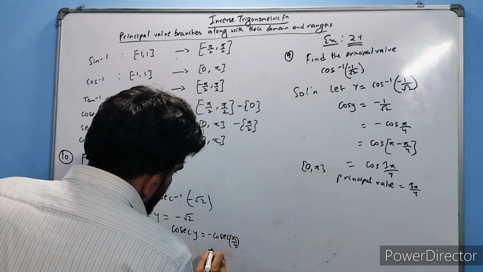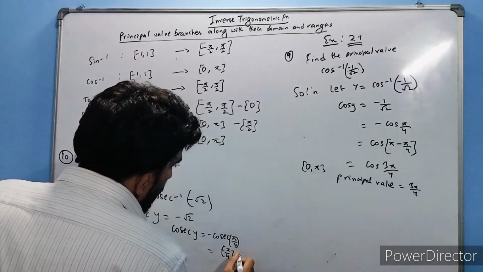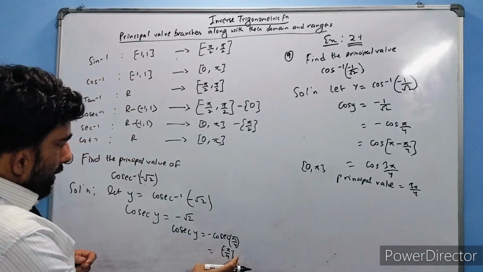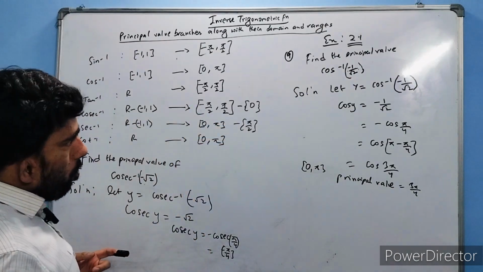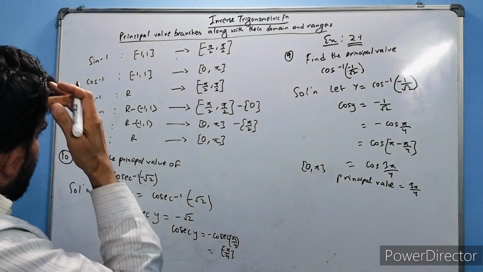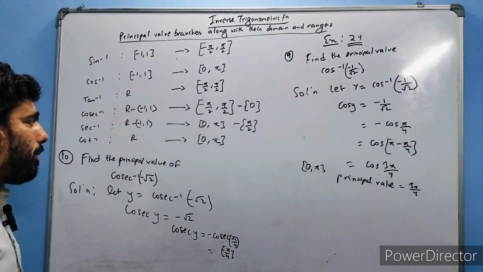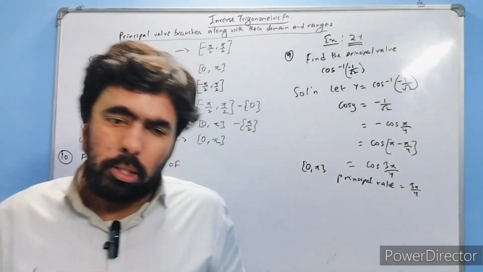So minus pi upon 4 will be the principal value of this, as we know that its range is minus pi by 2 to pi by 2 and it does not include 0. So that is how we can easily find the principal value of such functions.